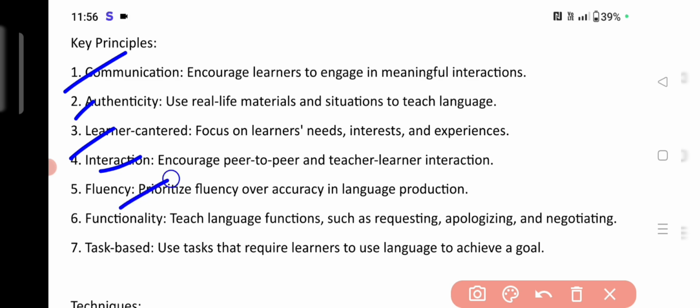And fluency, so prioritize fluency over accuracy in language production. Functionality, teach the language functions such as requesting, apologizing, negotiating, thanking and everything. Task based, use tasks that require learners to use the language to achieve a goal.